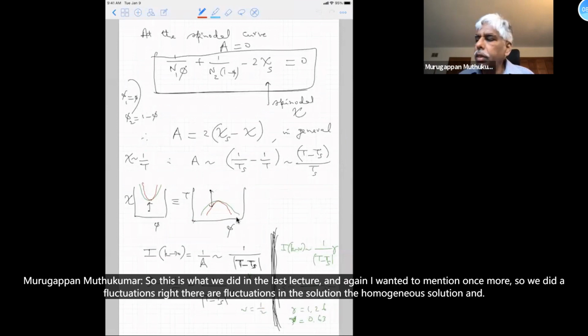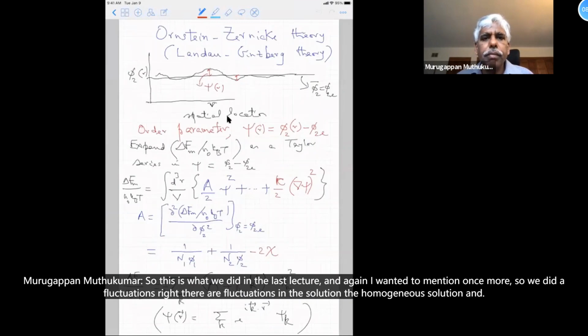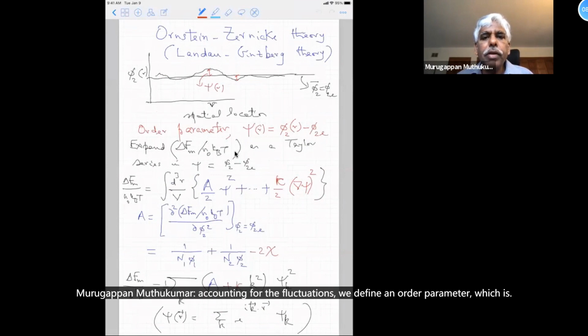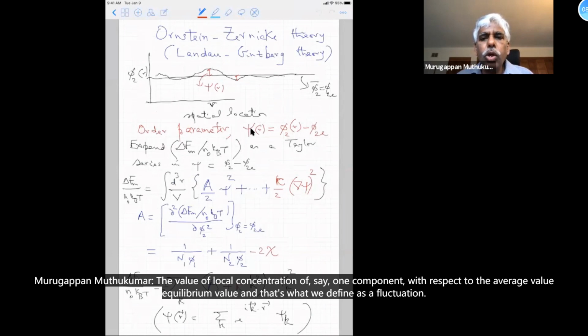So this is what we did in the last lecture. And again, I wanted to mention once more, we did fluctuations, right? There are fluctuations in the homogeneous solution. And accounting for these fluctuations, we define an order parameter, which is the value of local concentration of, say, one component with respect to the average, equilibrium value.